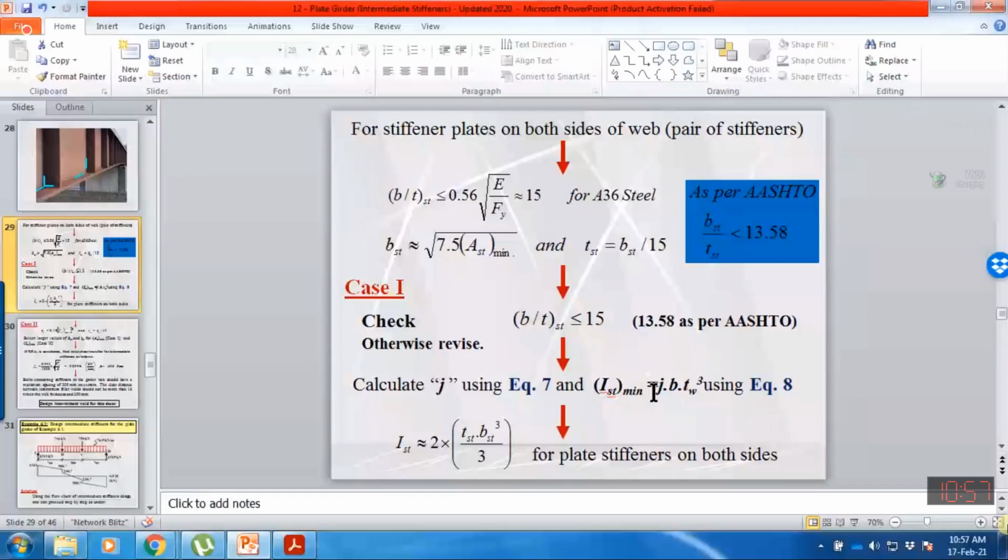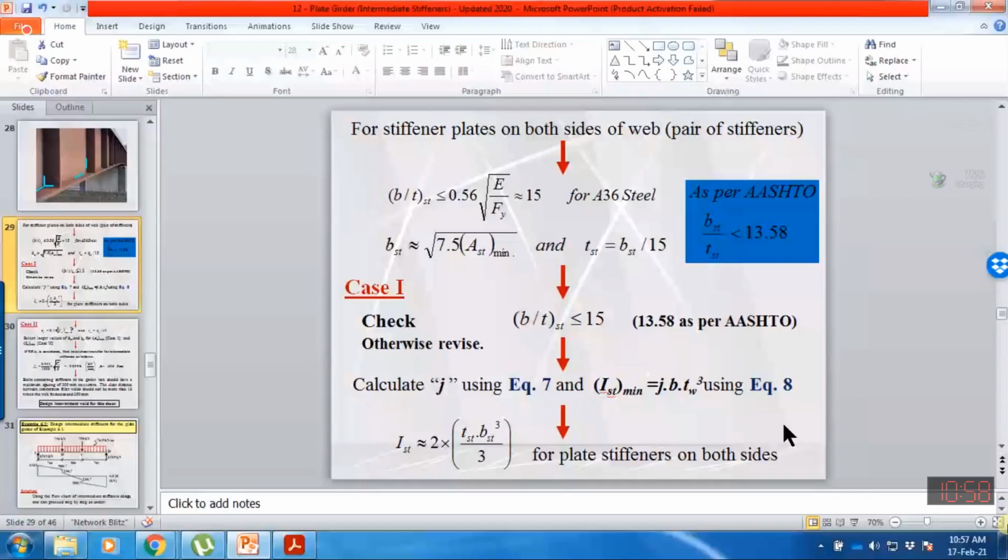So you know the J value and you will compute Ist minimum. You will compute Ist1 by this equation, because you have already decided the b and t values from here. So this Ist should be more than this I minimum. If this Ist is less than I minimum, then you need to revise the b value by using this equation.